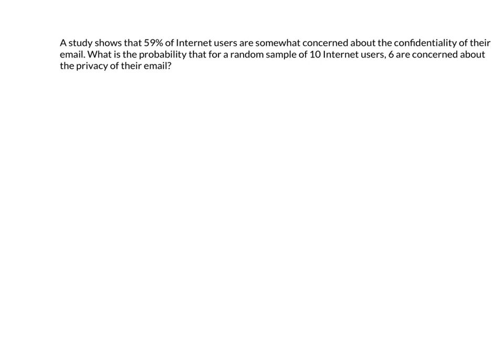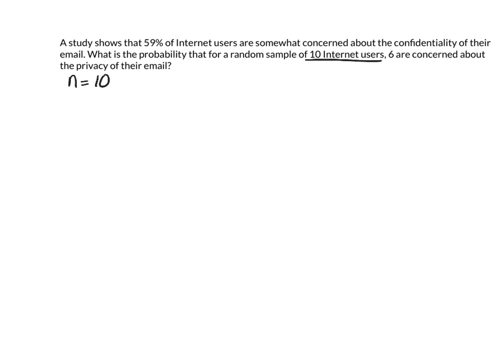So as we look at this, the first thing we want to do is identify the information in our problem. The number of trials is obviously going to be 10 internet users, so N equals 10.